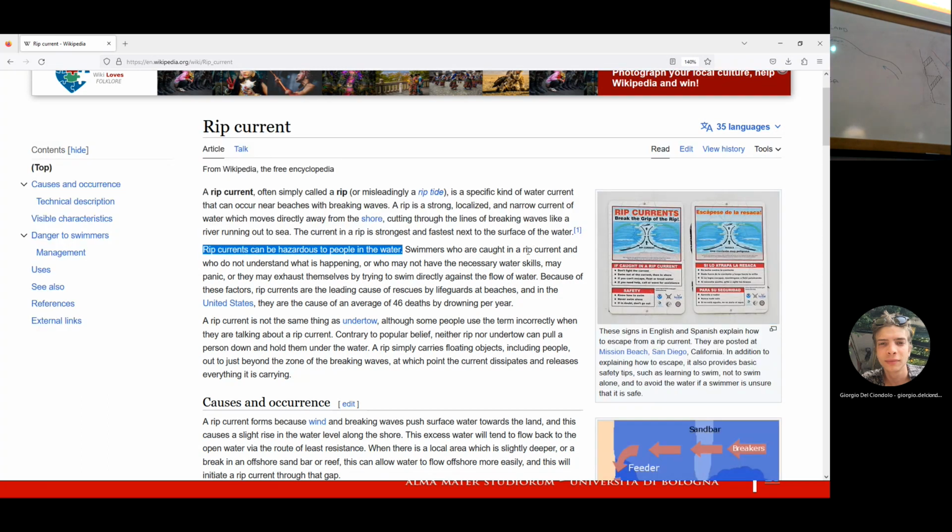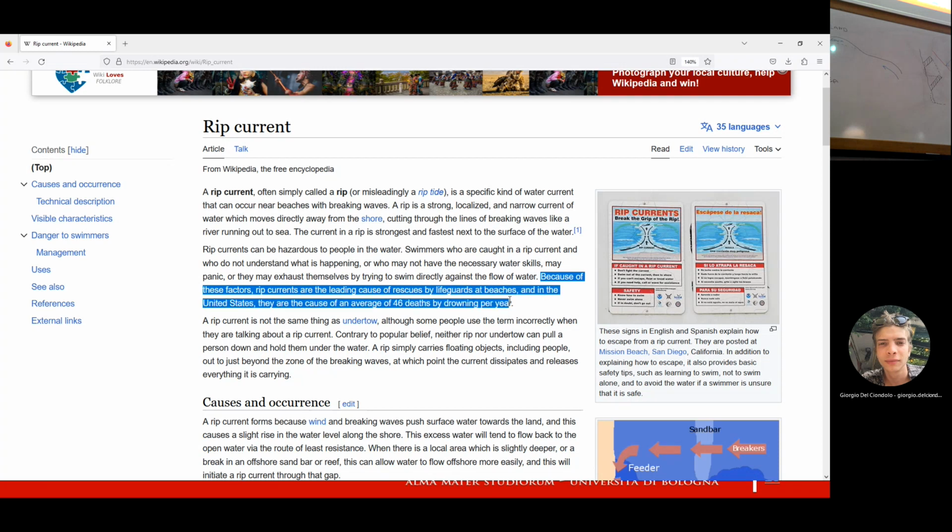Swimmers who are caught in a rip current and who do not understand what's happening, or who may not have the necessary water skills, may panic, or they may exhaust themselves by trying to swim directly against the flow of water instead of swimming in the transversal direction. Because of these factors, rip currents are the leading cause of rescues by lifeguards at beaches.